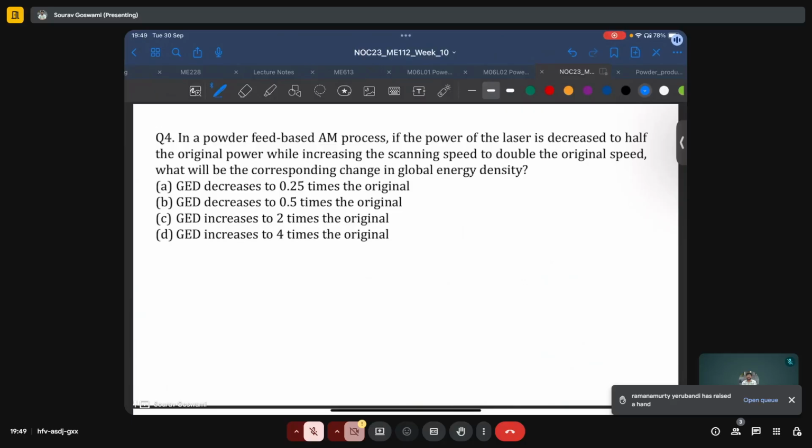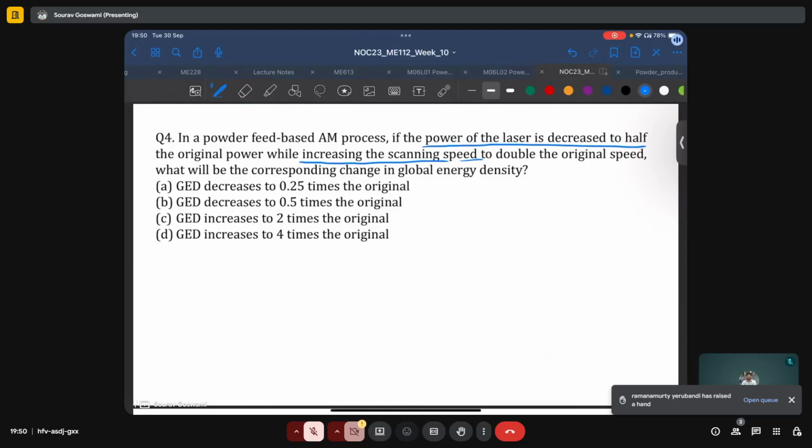But we should also take a moment to reflect on the physical scenario being discussed here, where we are decreasing the power as well as increasing the scanning speed, which we discussed in one of the previous sessions, would or can be expected to lead to defects such as a lack of fusion, because now the amount of energy which is being input to the material, deposited material, is decreased.